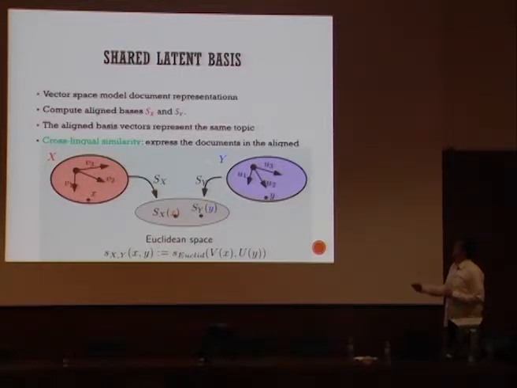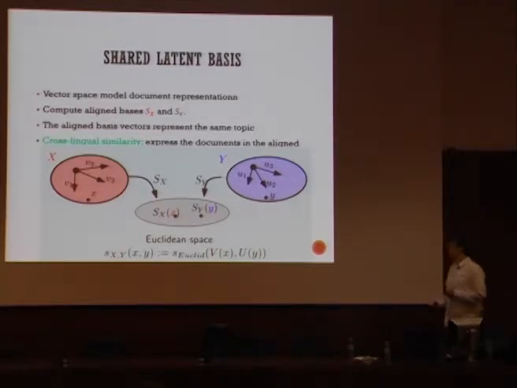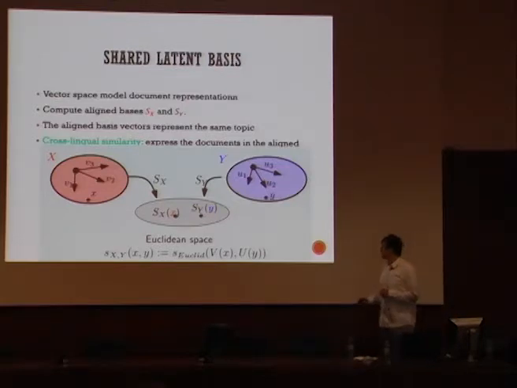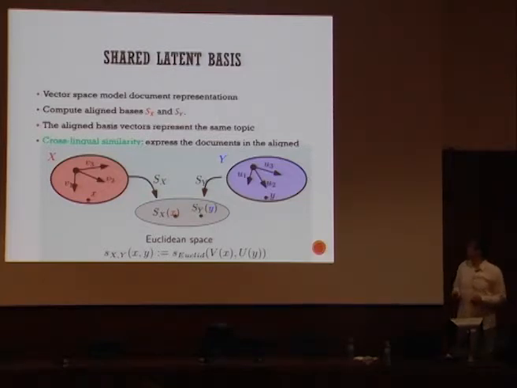So these aligned bases, or you could say these mappings to the common space, will always be linear, and at the end this will be the vector space, and you could use many different similarity functions: Euclidean distance, cosine similarity, whatever you want.